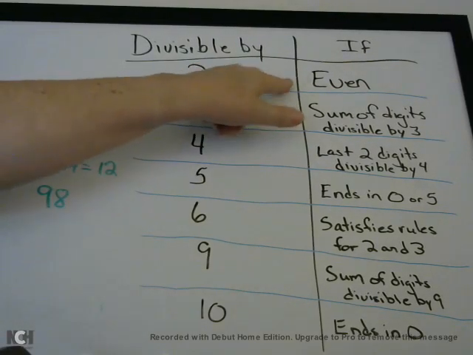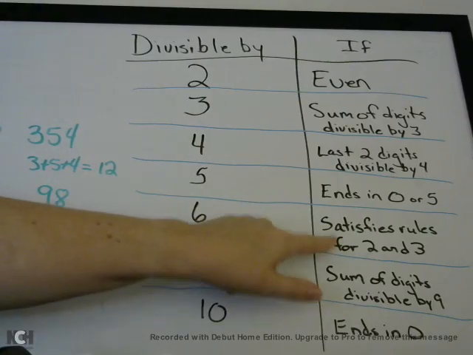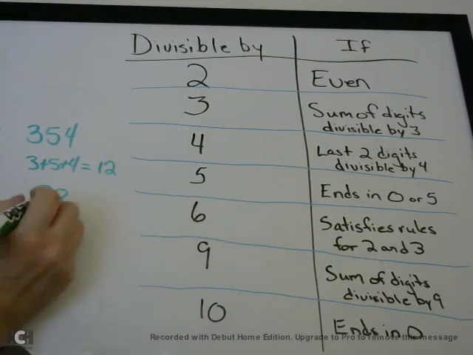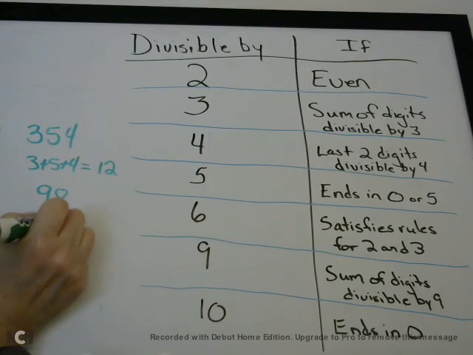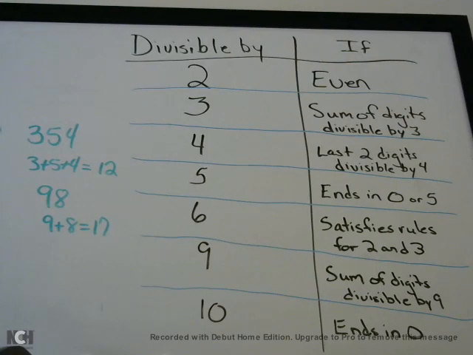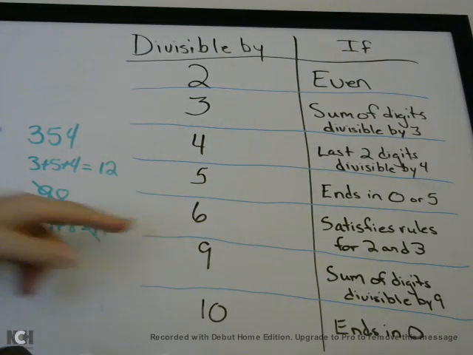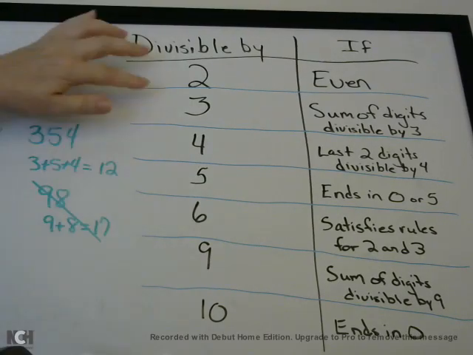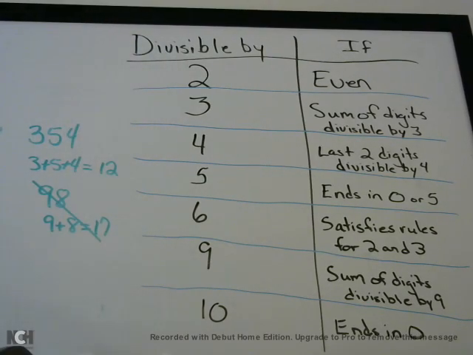Again, it is an even number, so it satisfies the rule for 2. In 3, the sum of the digits must be divisible by 3. Well, 9 plus 8 is 17. That is not divisible by 3. So 98 cannot be evenly divided by 6 because it has to satisfy both of these rules.